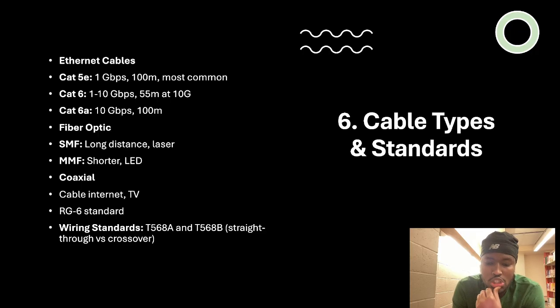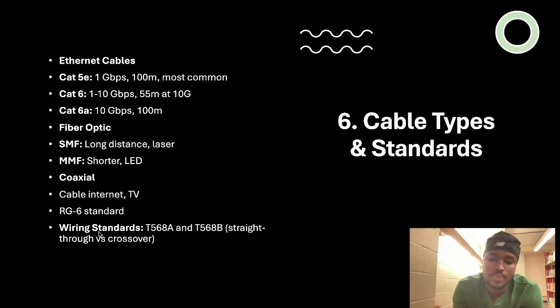We have coaxial cables, used for cable internet and TV services. RG6 is the standard. You should know this: the T568A and T568B. This right here is the wiring standard, straight-through versus crossover.